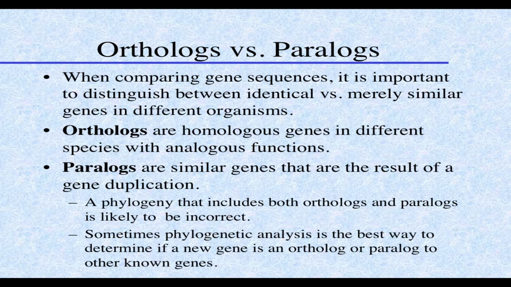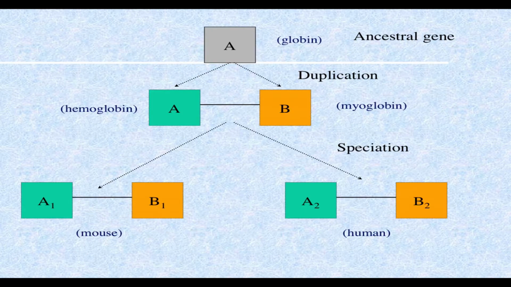As a corollary, sometimes a phylogenetic analysis is the best way to identify paralogs and sort them out. If you have that objective in mind when you build your tree, you'll be all right. If you're trying to classify organisms and you've got some myoglobins and some hemoglobins, each one representing a different organism, you're going to get a wrong tree. I will show you an example in the globin family.